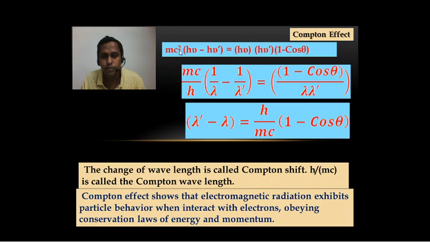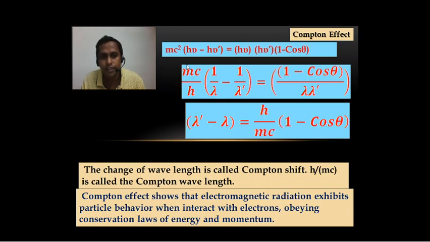Here there is mc square. Nu is equal to c by lambda, nu prime is equal to c by lambda prime. So there is c into c, that is c square. This c square and this c square get cancelled. Here there is c by lambda, here there is c by lambda prime. So we can take one c outside.